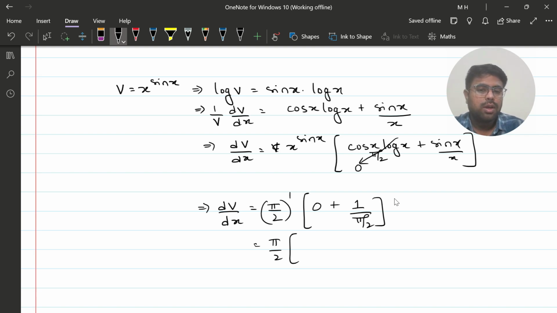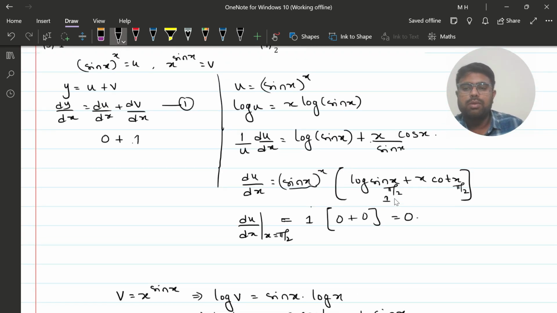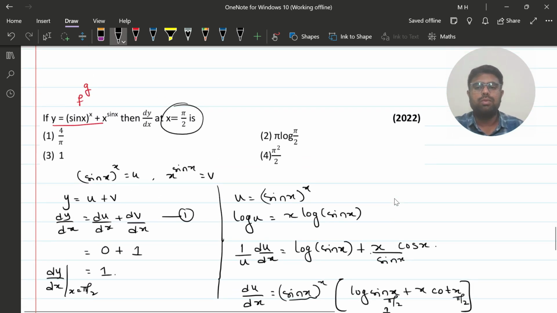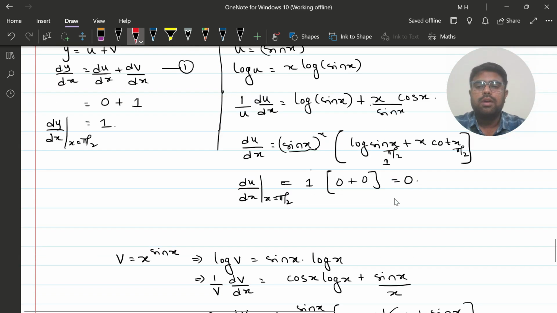This is 0. This is going to be 2 by pi, right? So it is equal to 1. So dv by dx is going to be equal to 1. So therefore dy by dx when x equal to pi by 2 is going to be 0 plus 1, that is equal to 1. So therefore it is option 3. Fine. So this is how you can do it.